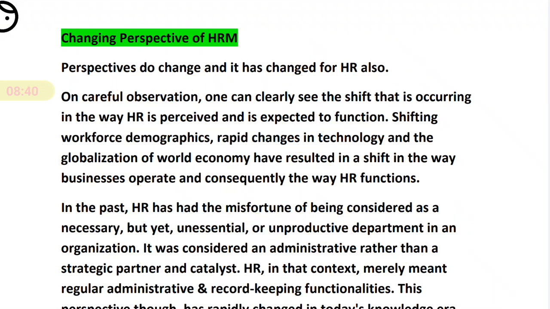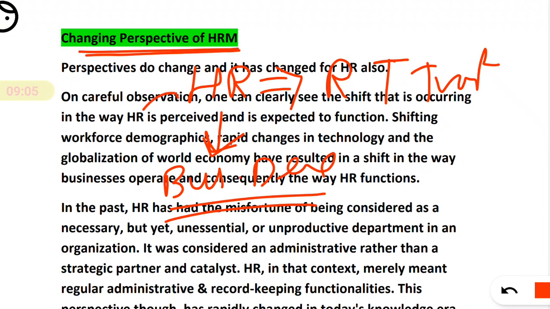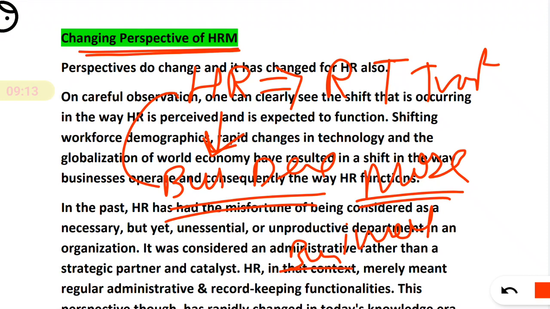For example, previously HR was only working on recruitment, training, or transfers. Take the example of a bank: HR is now also working on business development. So the work of HR is changing, and they now have more involvement in the businesses, the company, or the organization. That is basically the changing perspective of HRM.